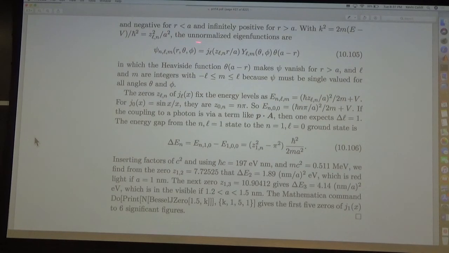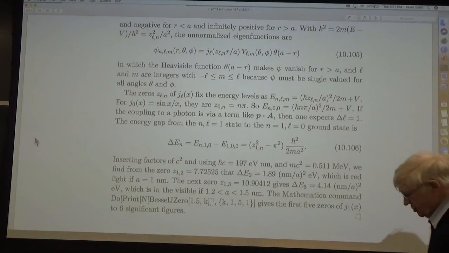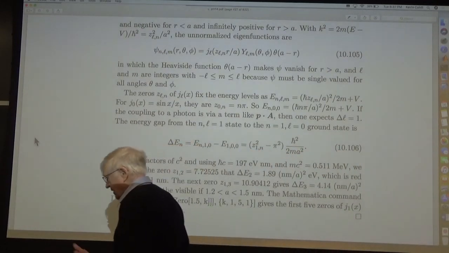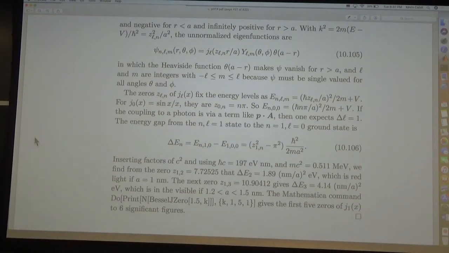And so the unnormalized eigenfunctions are a spherical Bessel function, a spherical harmonic, and then a theta function, which is 1 until R equals A. If R is bigger than A, then you have theta of a negative number, which is 0.